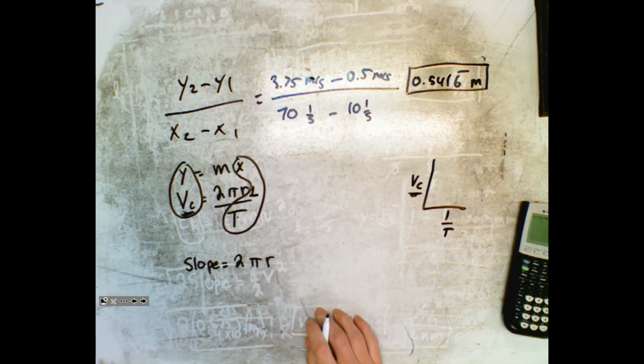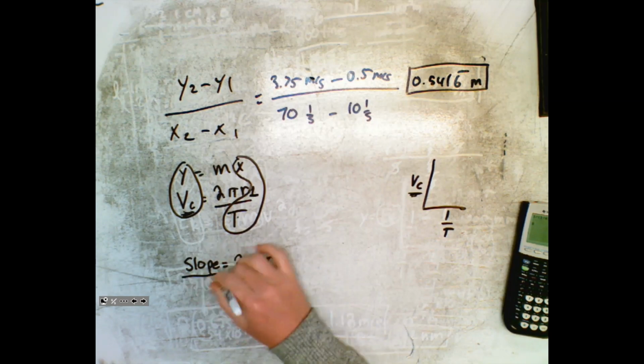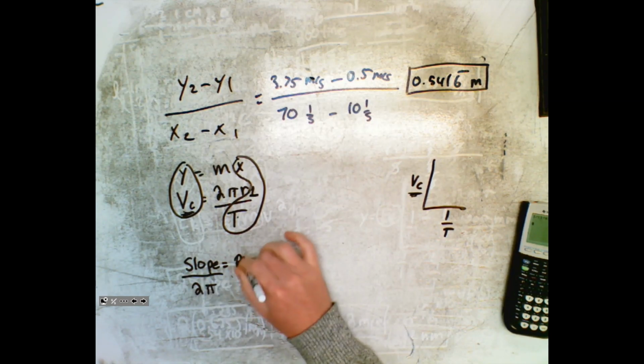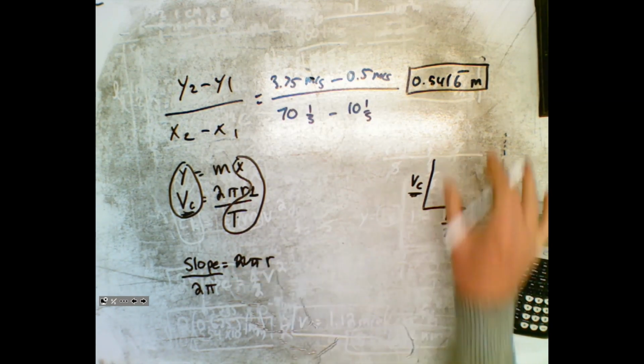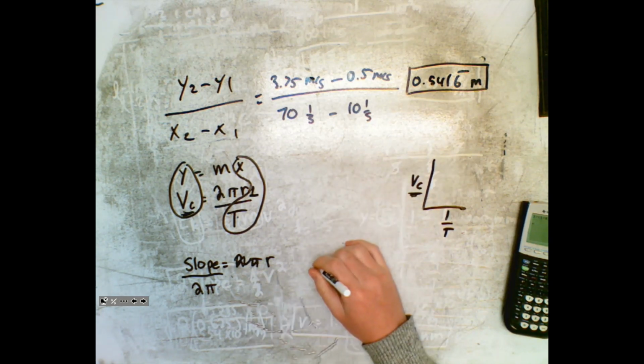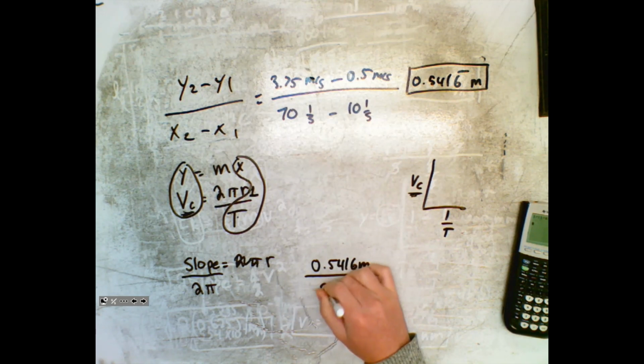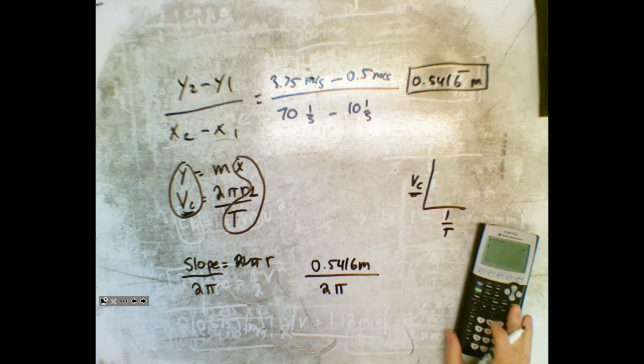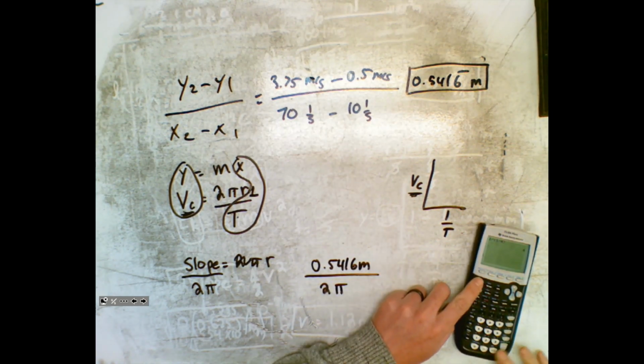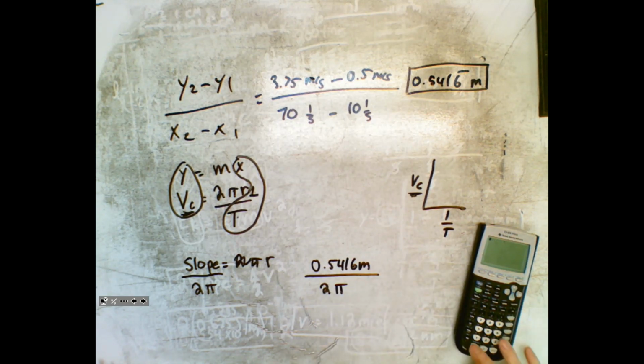So what we can do is we can find the radius of this circle by just moving 2 pi down below and using the slope that we found here. So 0.5416 meters divided by 2 pi. So 0.5416 repeated divided by 2 pi.